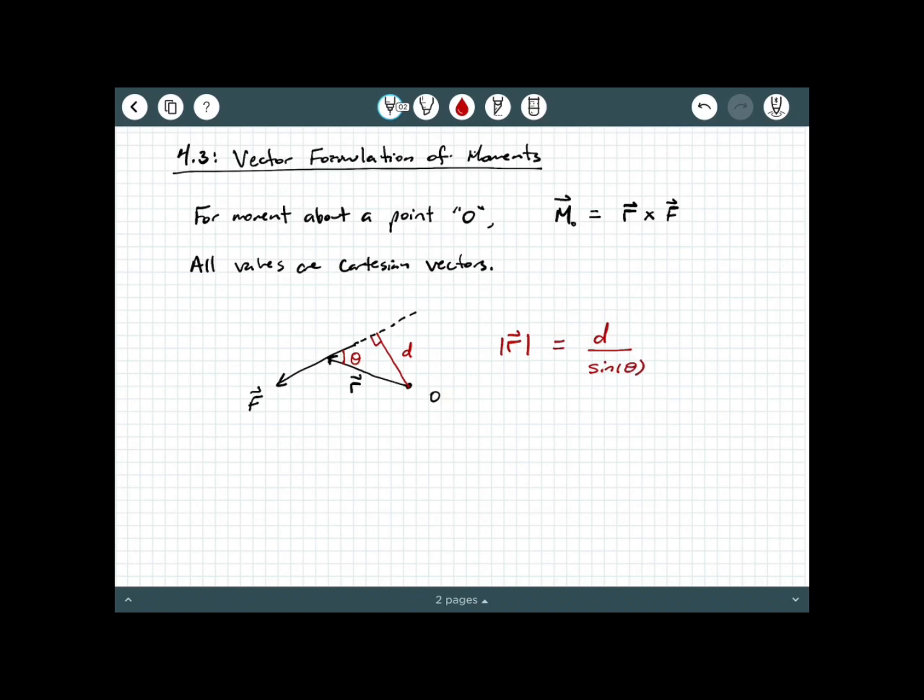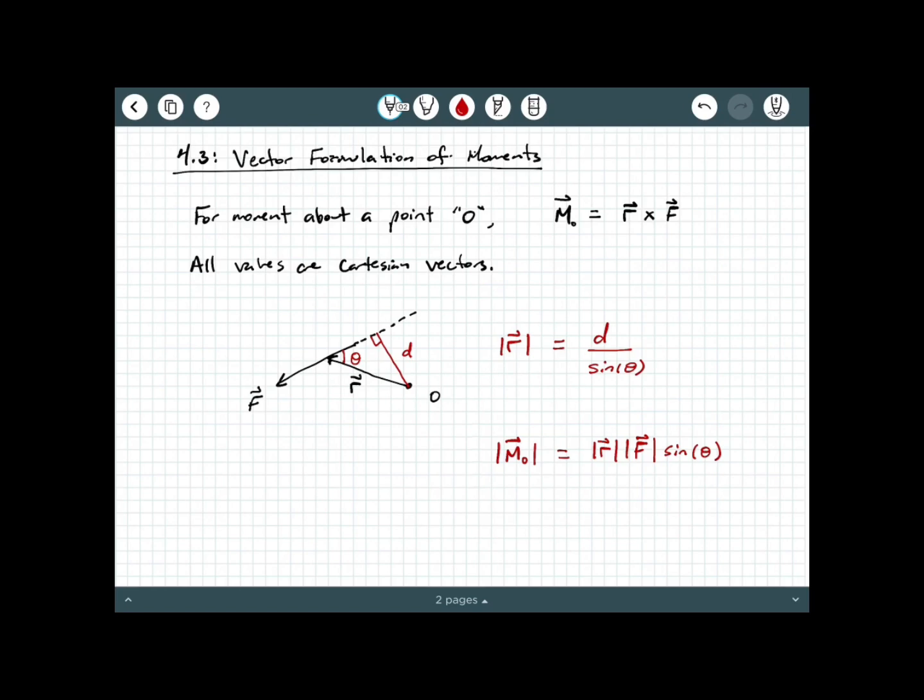And the reason why we can say that is because, again, sine theta is equal to opposite over hypotenuse, all right? So when we perform this operation with Cartesian vector r, the essence of the perpendicular distance, if you will, is built into that. All right, so we could write this in scalar form as the magnitude of the moment about point O is equal to magnitude r times magnitude f times sine of theta, okay?